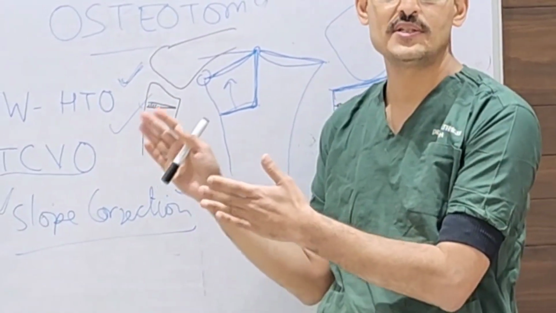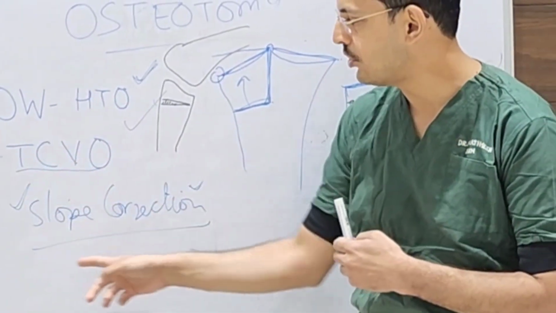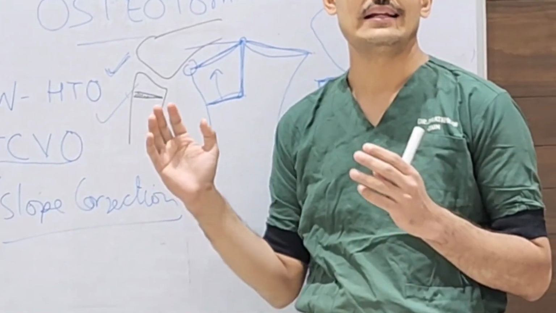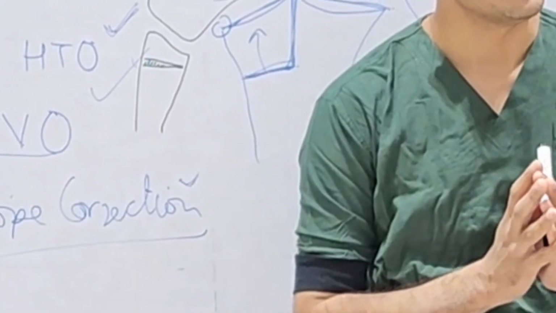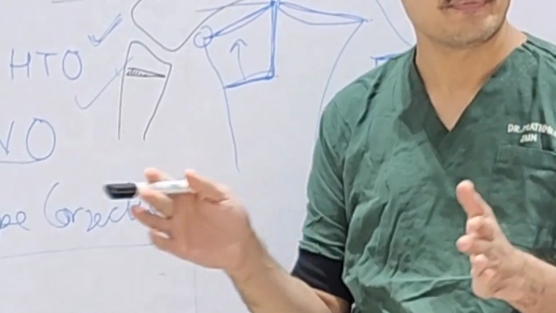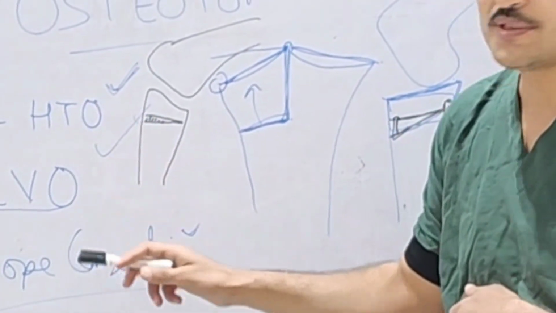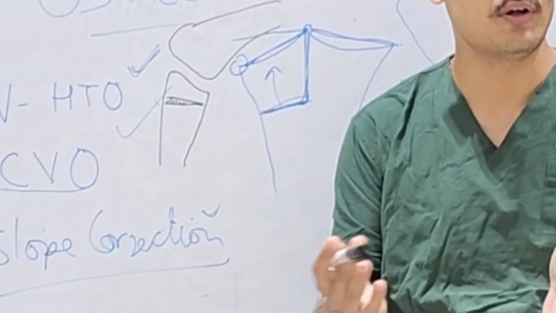There are other osteotomies, like closing wedge osteotomies, that we are not using nowadays, because all these three osteotomies are ligament friendly osteotomies. Other osteotomies will correct the alignment, but they will not restore the ligament tension. All these three osteotomies are ligament favoring osteotomies.